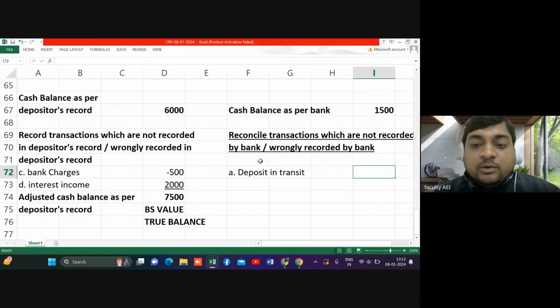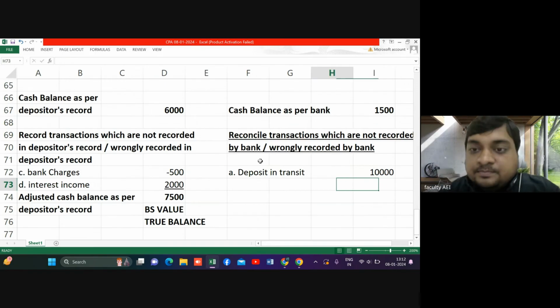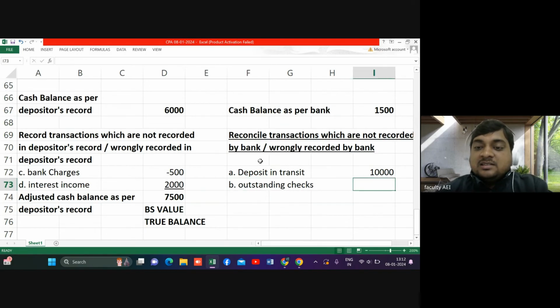If it is collected today, then I will increase balance held by 10,000. Think that it is issued today, right? So it is paid today, outstanding checks. So I will subtract 4,000.